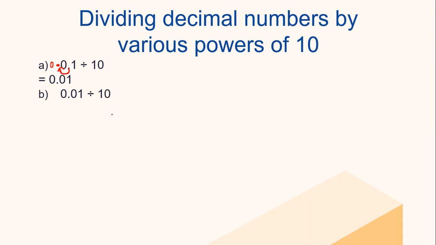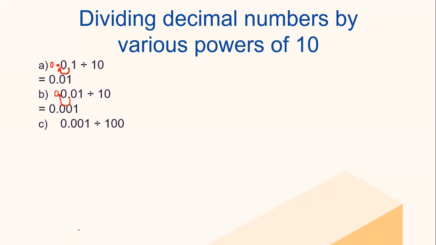Can you guess what's the result here? 0.01 divided by 10. 0.001. Look here, you can add any number of zeros if you need them. Here you have to shift 1 place left. Your point will come here. That means 0.01 becomes 0.001. That's great.